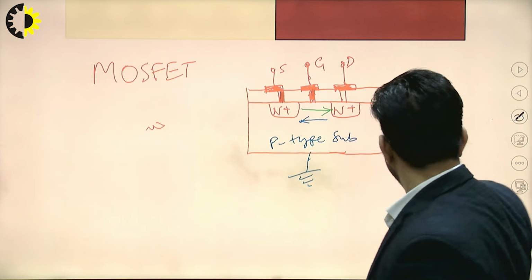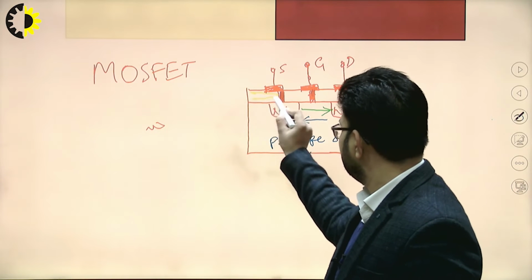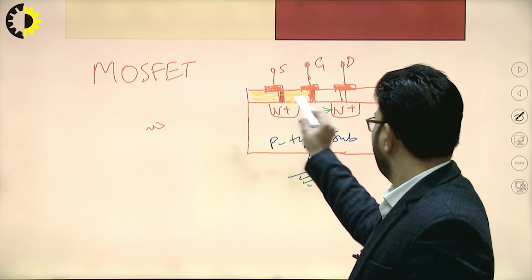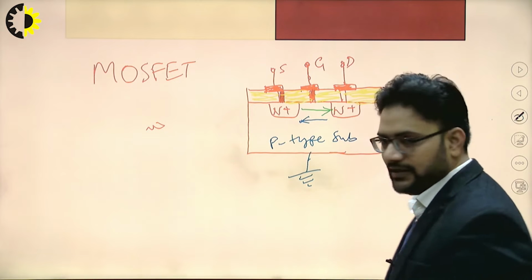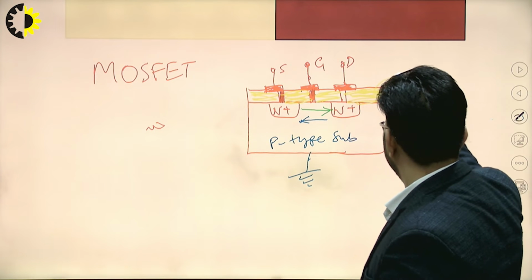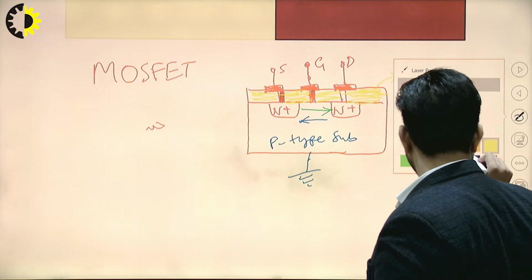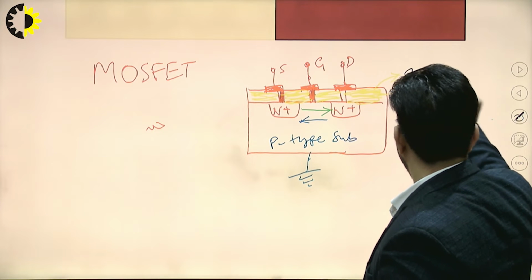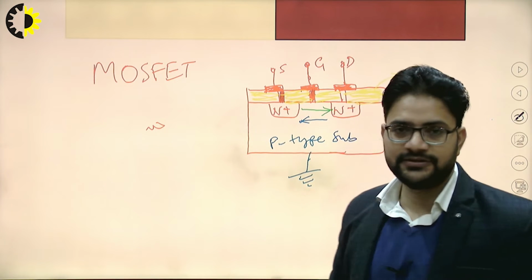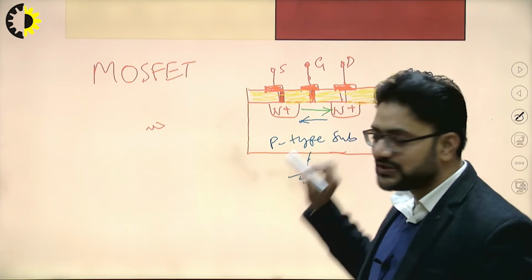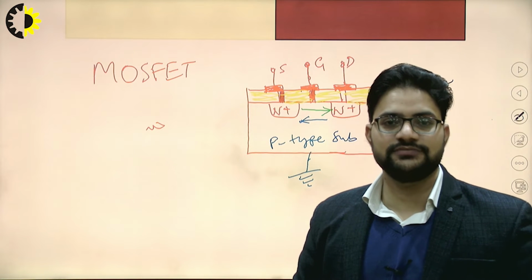The next layer is the oxide layer, usually made up of silicon dioxide, SiO2, which works as an insulator. The third layer is the semiconductor, your p-type semiconductor, as you can see. That's why the MOSFET is made up of 3 types of layers, and that's why it is called a MOSFET.